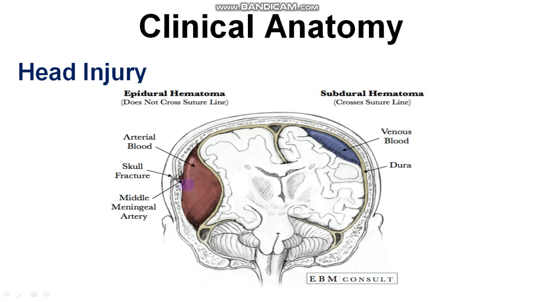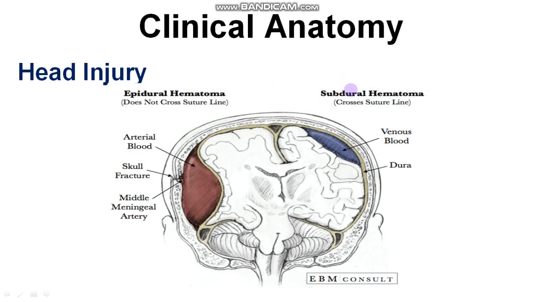This middle meningeal artery is ruptured or torn, and in more than 80% of cases the injury is over the temporal bone. So here is the temporal bone, and as a result the middle meningeal artery moving through this region gets injured. So the collection of arterial blood takes place in this region.